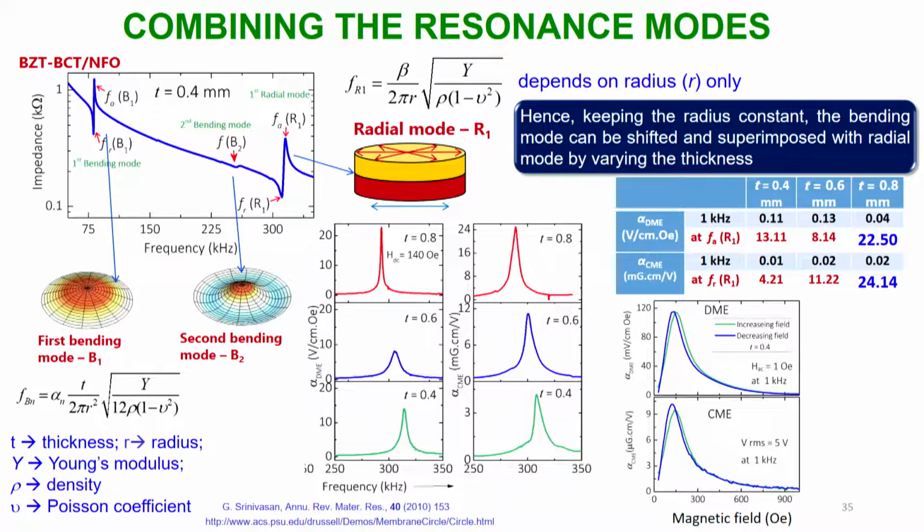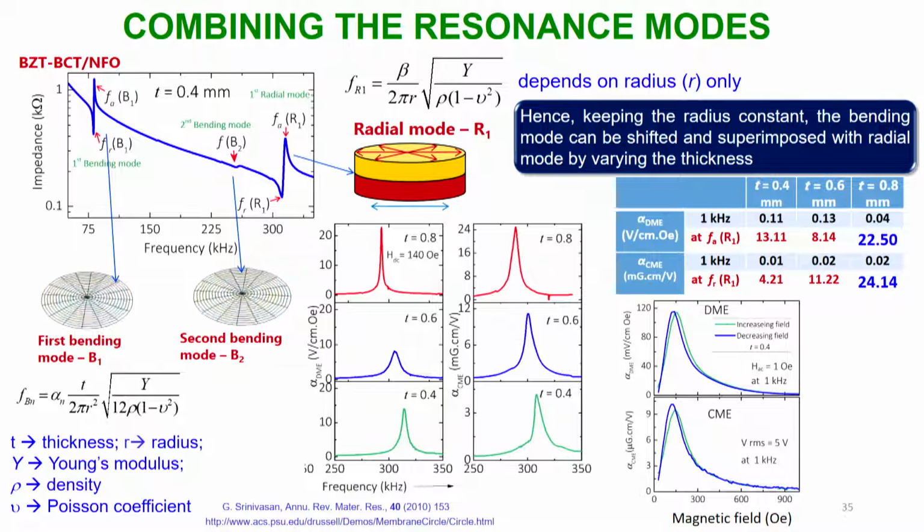By varying the thickness, one will be able to see that this alpha value is going to be different. For 0.4 mm it is going to be less than 20, for 0.6 mm it is once again less than 10, whereas for 0.8 mm it becomes more than 25, mainly because you are able to match the radial mode as well as the bending mode. Once you match that, you are going to have a large value.